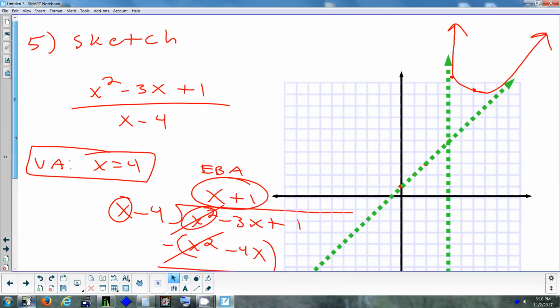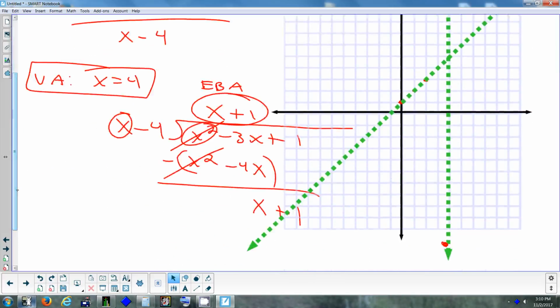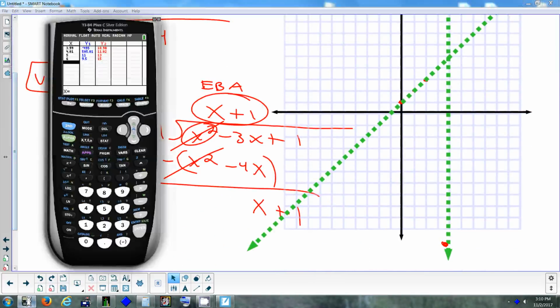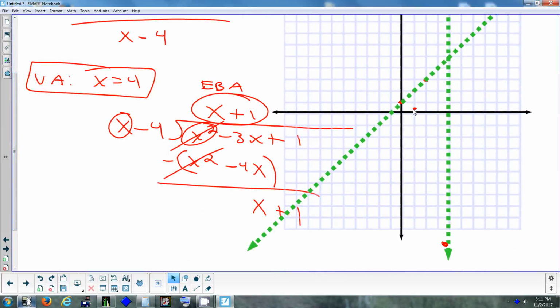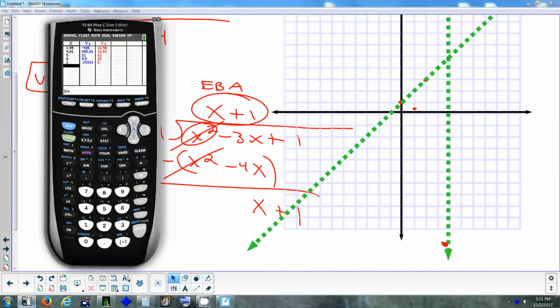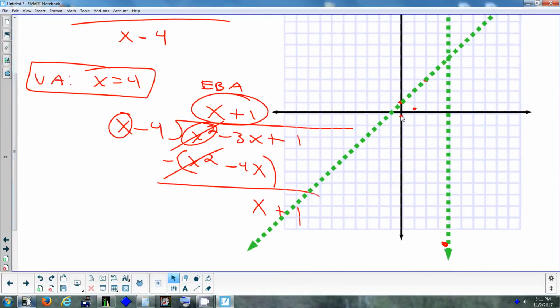Any question on that? For the other section, I've got 1 point. Let me try 1 and 0. That'll give me a couple more points. So 1, 1/3. Let's do 0. 0, negative 0.25. All right, so now I can kind of see what's going to happen.